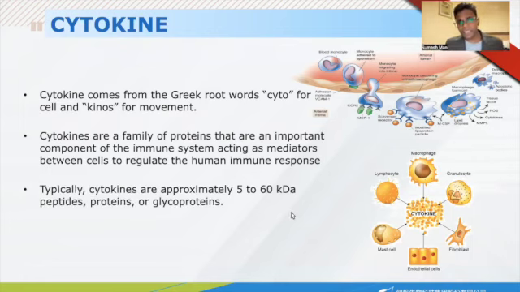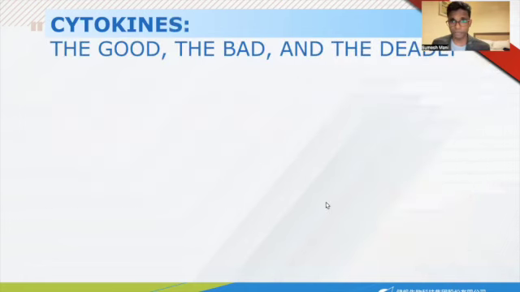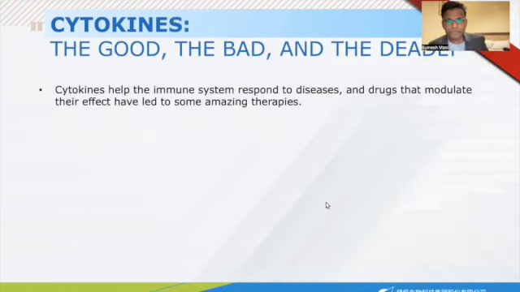Typically the cytokines have a molecular weight of 5 to 60,000 Dalton. Keep in mind, your dialyzer or your hemofilter is up to 30,000 Dalton. I'm talking about CRRT. Now, I can speak in this terminology, especially when we talk about sepsis and cytokine storm.